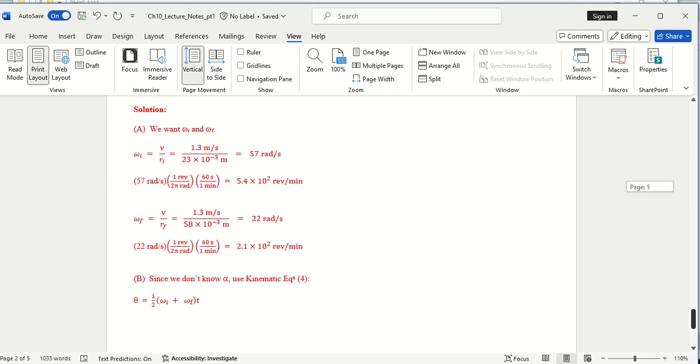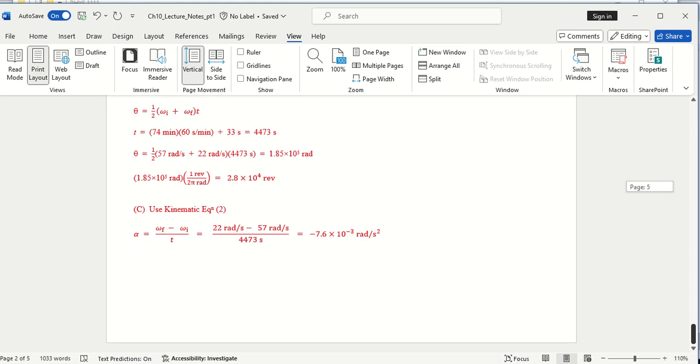With basic algebra, you get alpha is equal to omega F minus omega I over T. Plug in the numbers, and we get a negative 7.6 times 10 to the minus 3rd rads per second squared.